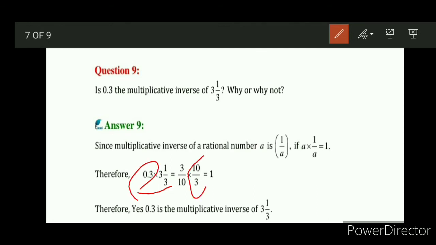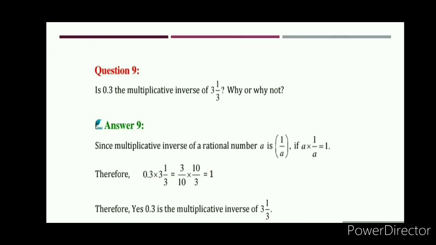Then 10 by 3 is the improper fraction form of 3 1 by 3. Their product we are getting is plus 1. Yeah. In the previous question we got minus 1, so it was not a reciprocal, but here the product is plus 1. Therefore 0.3 is the multiplicative inverse of 3 1 by 3. Copy down.